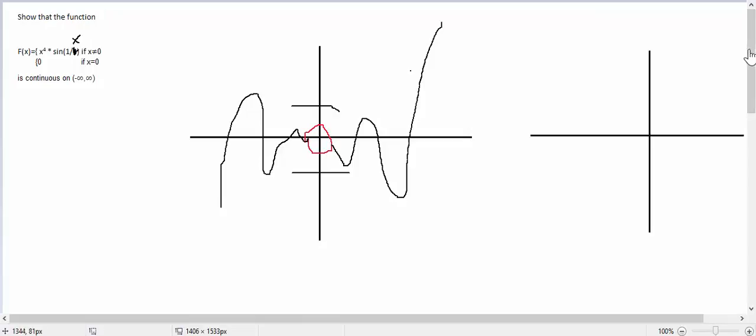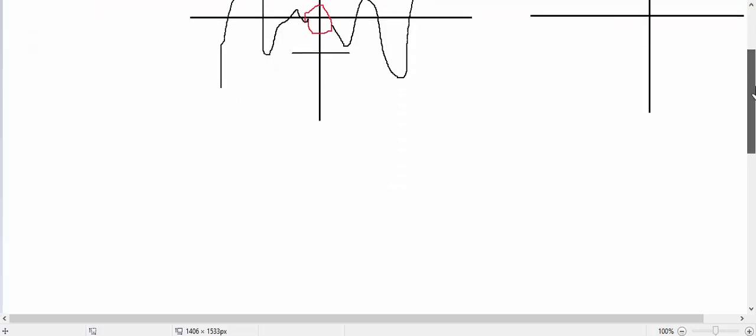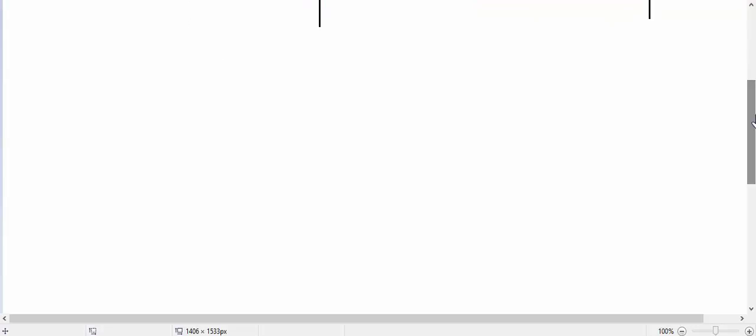If you recall from class, when Professor Turnbull said if it's got sine or cos, you should go to the squeeze theorem, because we know sine is between negative 1 and 1, and cos is between negative 1 and 1. So here we go, squeeze theorem.